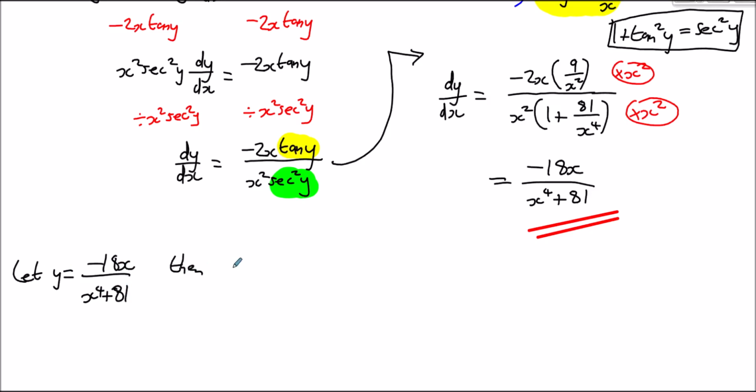Then to differentiate that, the second derivative would be, basically, the quotient rule.